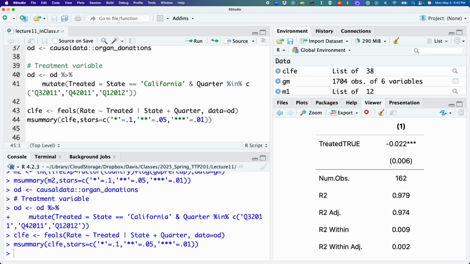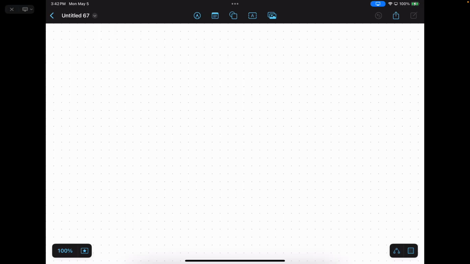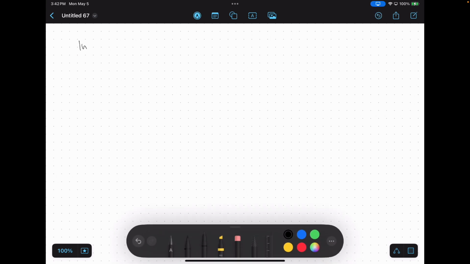All right, the last one that we'll look at today is the instrumental variable.